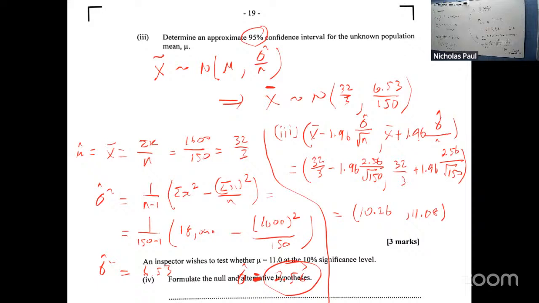So you take this here, plug in everything you know, and make n the subject of the formula. Same principle, but sometimes they ask you to go the other way around and find the n value.